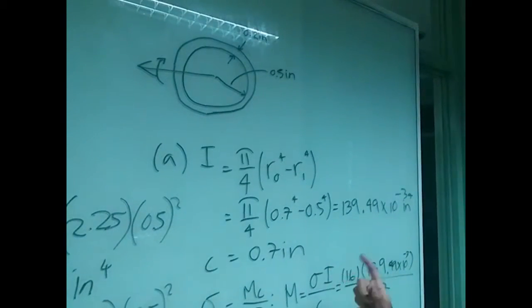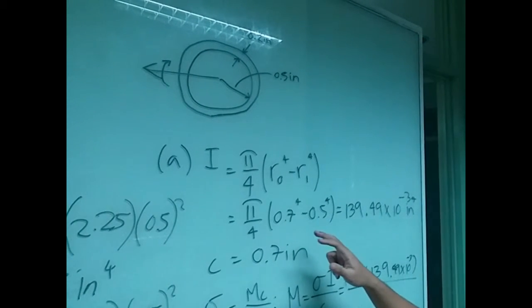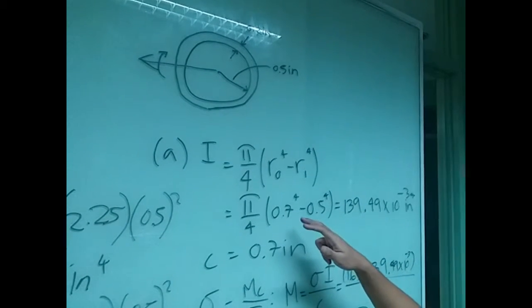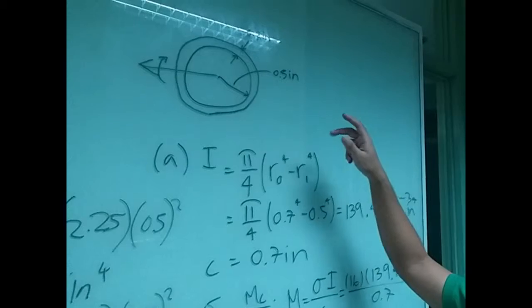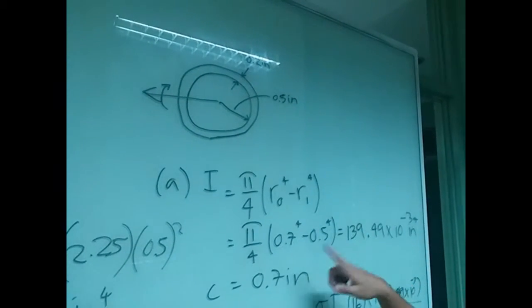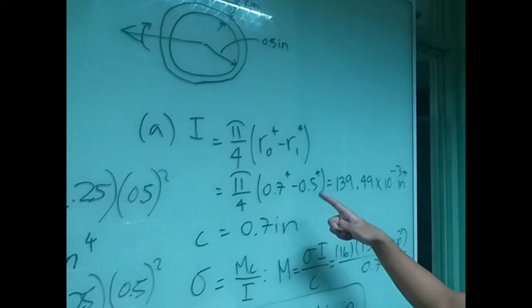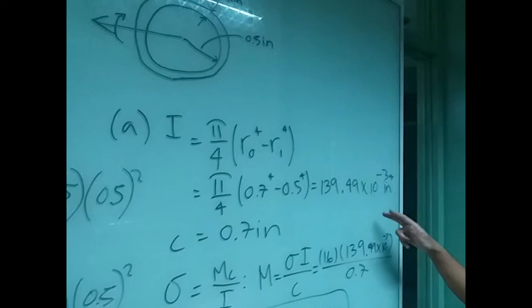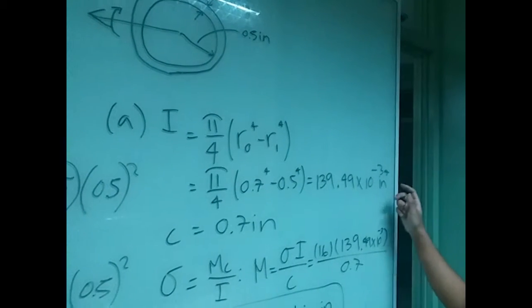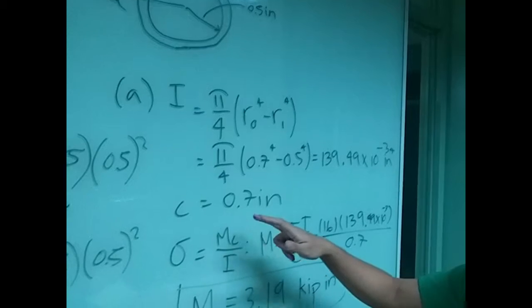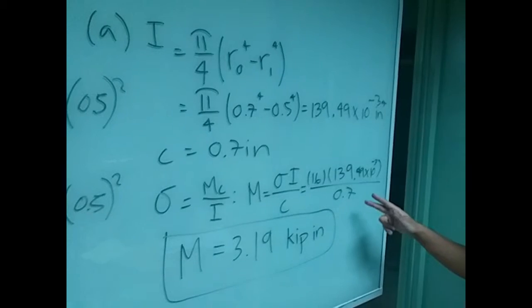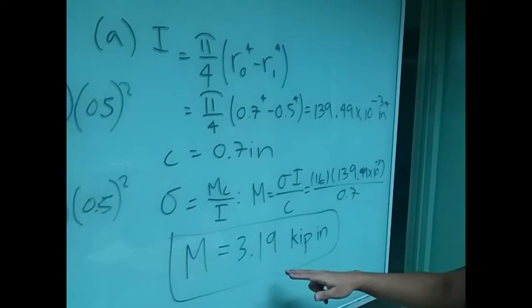Again, we should be careful in using the diameter, because here we should use 0.5 inches plus 0.2 inches, so we use 0.7 inches, and we get 139.49 times 10 raised to negative 3 inches raised to 4. Again we use the C as 0.7 inches. And computing for the bending moment, we substitute the values and we obtain 3.19 kilopound-inches.